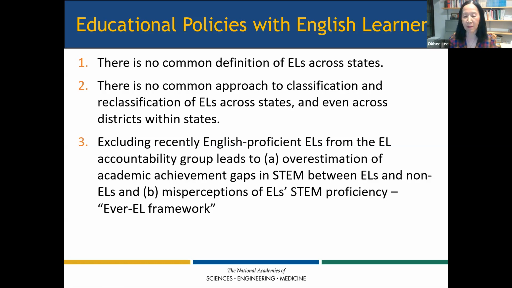When you include all of them, the achievement gap is really very limited. Because once they are proficient in English, they can perform. So I consider that an artificial categorization by excluding students who exit the English language program. You are overestimating the gap.